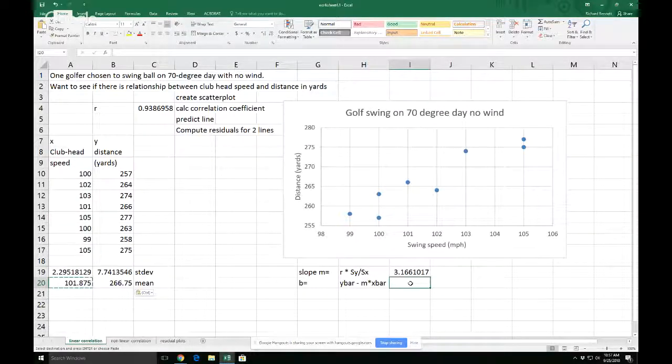Okay? All right, so now, how do I figure this out, Gentry? What's my y-intercept? Not 101. So y bar, what's y bar? Is it 101? That's the x one. So the 101 is x bar, and y bar is the 266.75 minus, what's m?